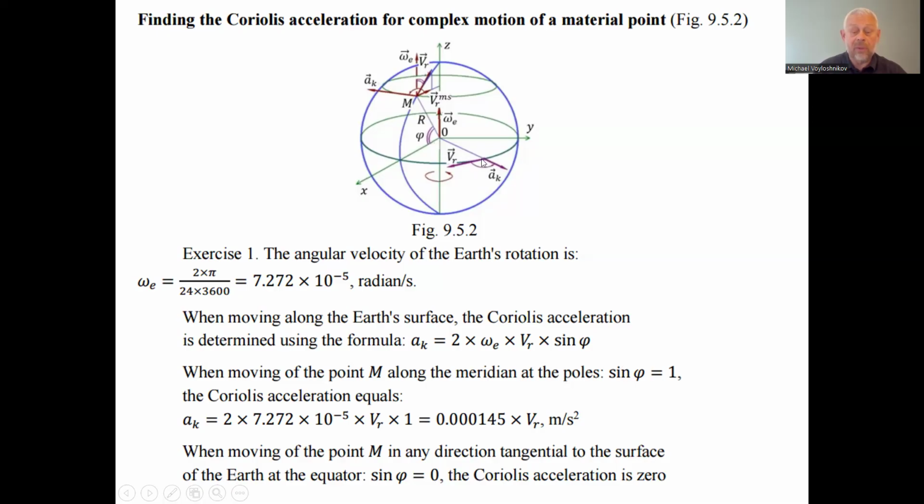Or it can move parallel, and the sine phi will be equal to 0. Anyway, we can find the Coriolis acceleration where the angle will be 90 degrees, in one definite location, and we will have maybe the same magnitude as on the pole. Moving tangentially to the equator, in any direction here, we have zero magnitude of the Coriolis acceleration.